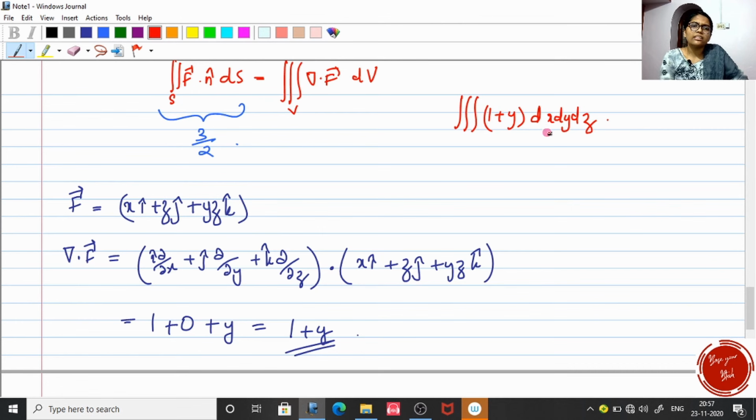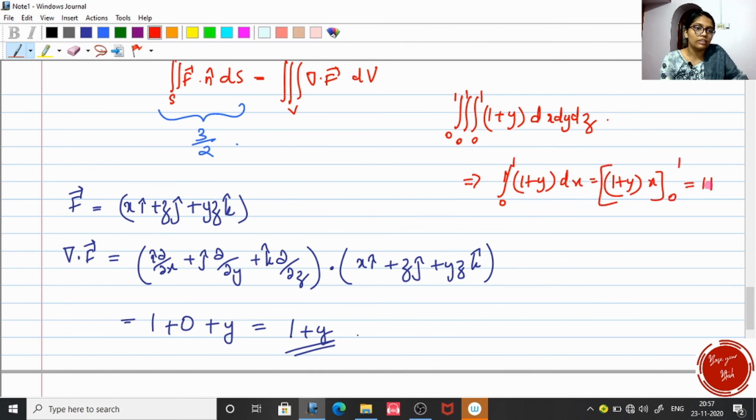And for every axis the variation starts from 0 to 1. Let us do it. Let us start from the inner integral, 0 to 1, 1 plus y dx, the value is 1 plus y of x in the limits 0 to 1, which is 1 plus y.